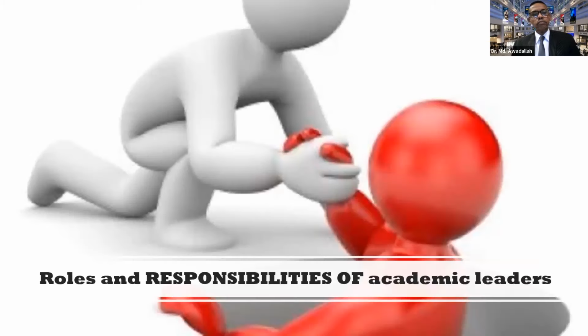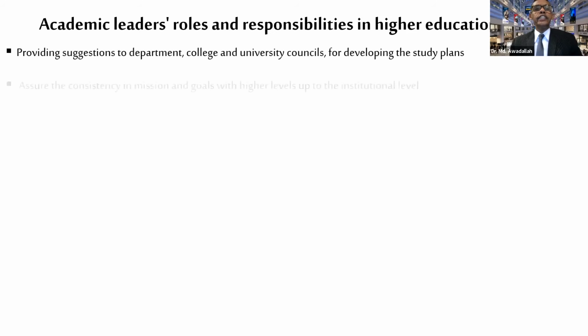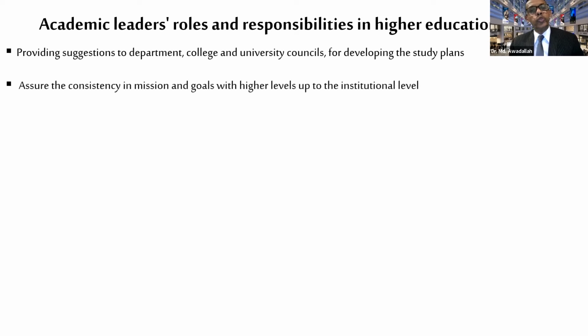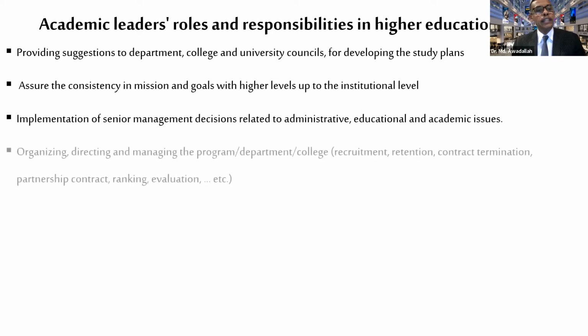The roles and responsibilities of academic leaders: the ordinary roles regarding higher education are providing suggestions and proposals to the department council, college and university council for developing their study plans. They also assure consistency in mission and goals with higher levels up to the institutional level, and implement senior management decisions related to administrative, educational and academic issues.